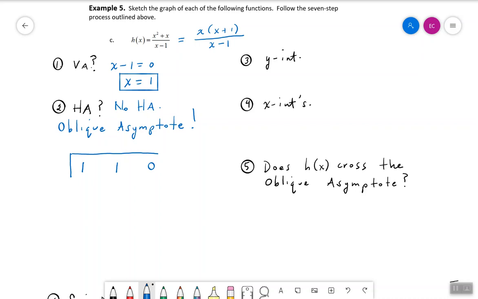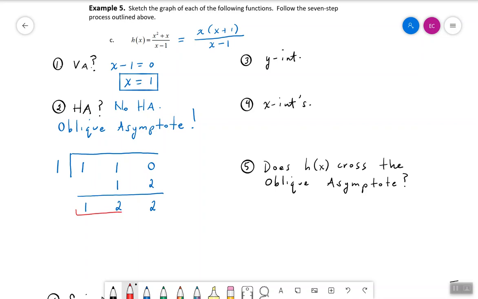And then in the denominator we have x minus 1, so we take the minus 1, change the sign, and make it a positive 1 out in front of the division symbol. And then we can go ahead and go through the division. We've got 1, 1, 2, 2, 2.